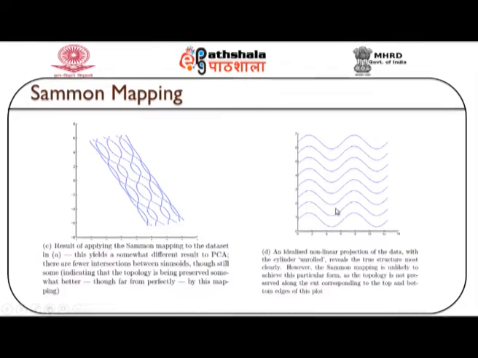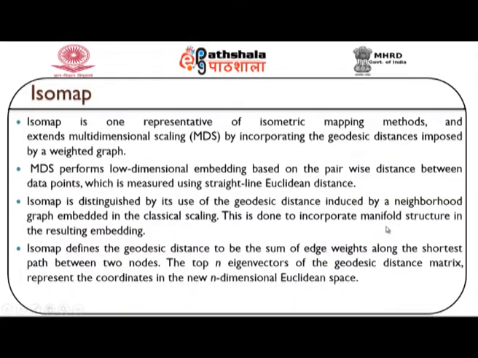And the final one is the idealized nonlinear projection of the data with the cylinder being unrolled, which reveals the true structure most clearly. However, this kind of Sammon mapping is unlikely to achieve this particular form as the topology is not preserved along the cut corresponding to the top and bottom edges of the plot as such.